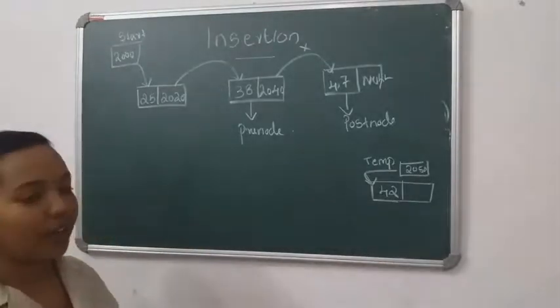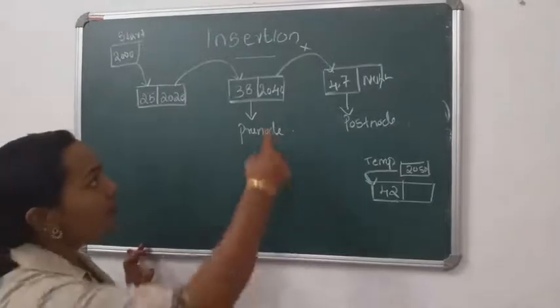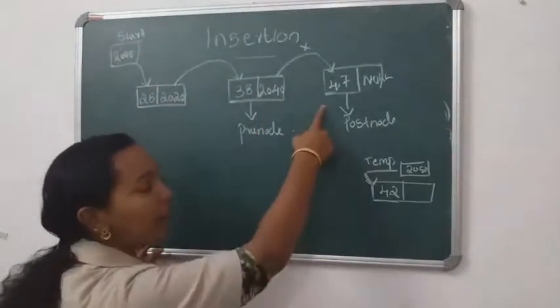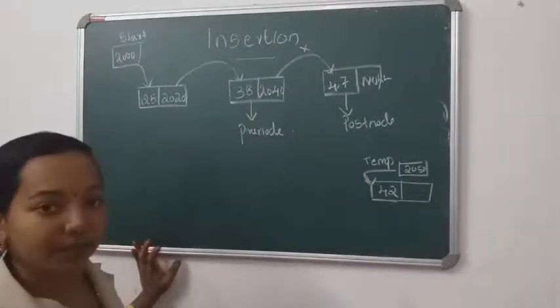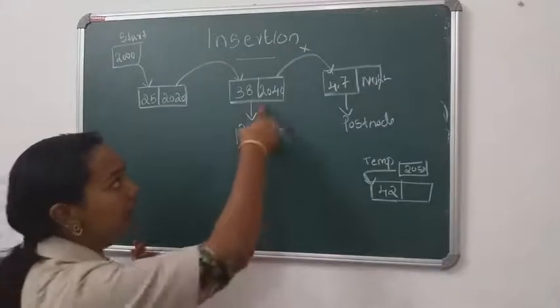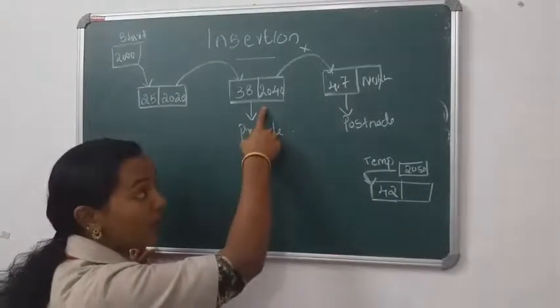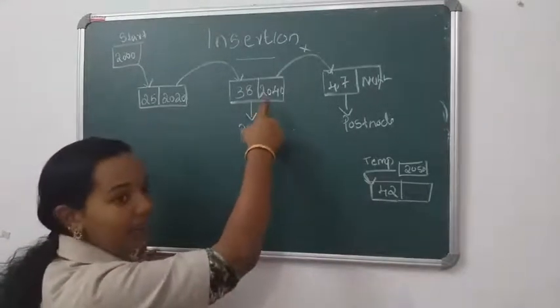So what are we going to do as the third step in insertion? Here 2040, what does this 2040 indicate? The memory address of 47. So this connection you want to break. Now the second node is pointing to 47 because 2040 is the memory address of 47, which is available in the second node.